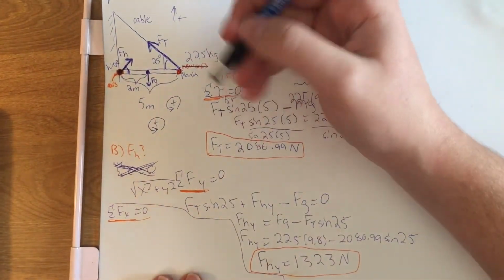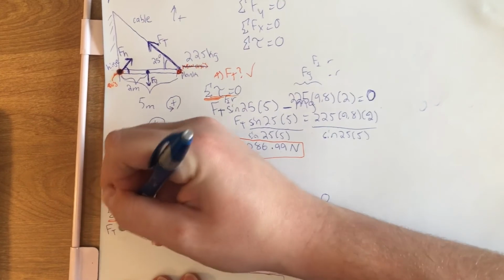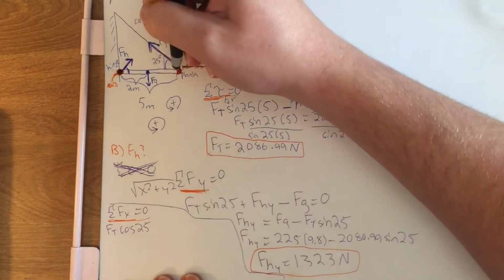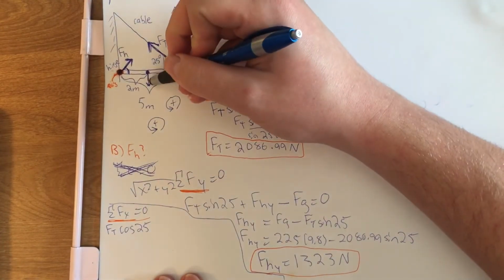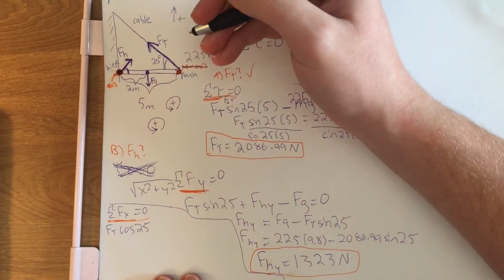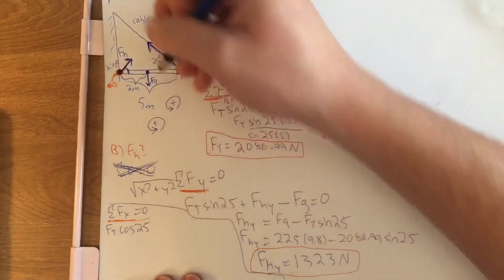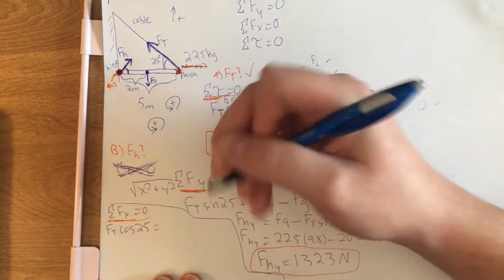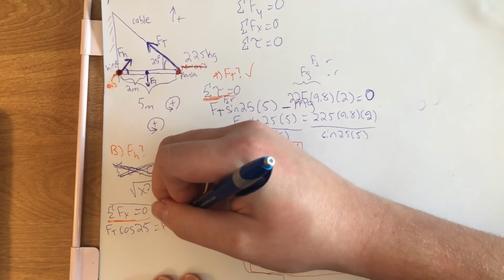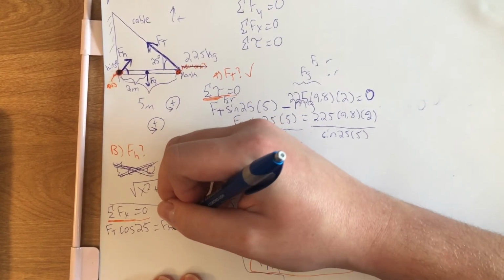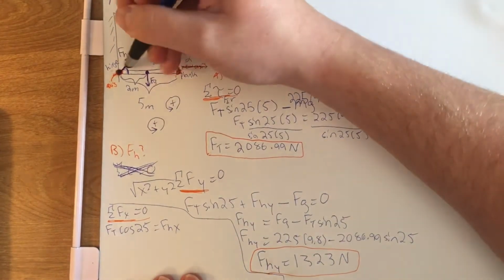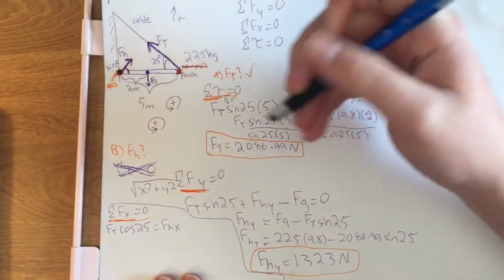In the x direction, we have force tension cosine 25, right? That would be the x component. There is no x component of force gravity. And then, because these are going opposite directions, Ft cosine 25 would have to equal the force of the hinge in the x direction. Right, we already said this earlier. The x component of this hinge would have to cancel that out.